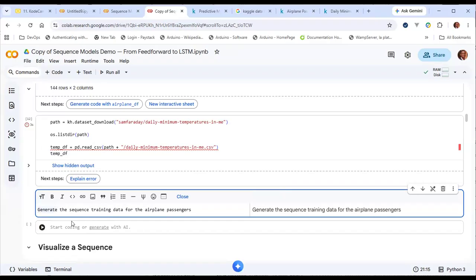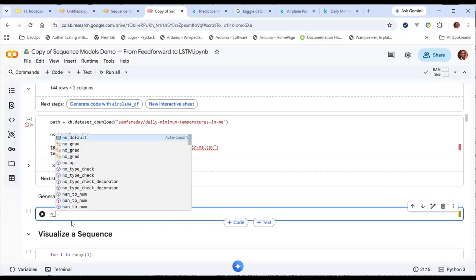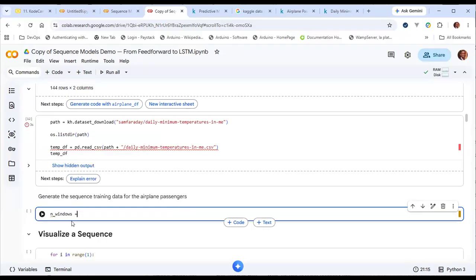We can just say the number of windows. I don't know what to call that. Yeah, that's the number of windows.